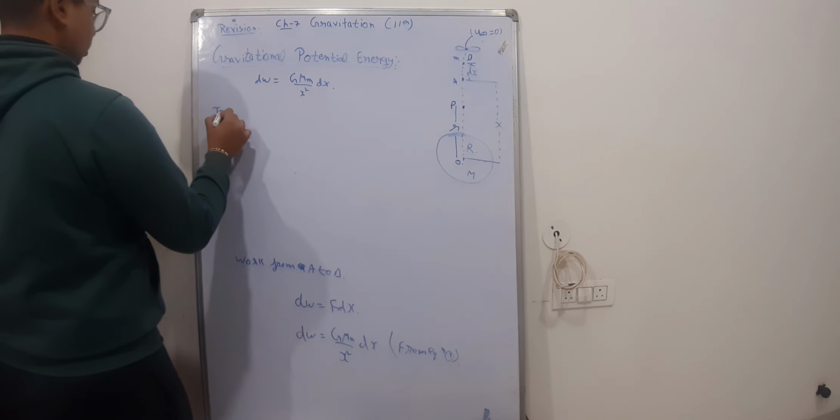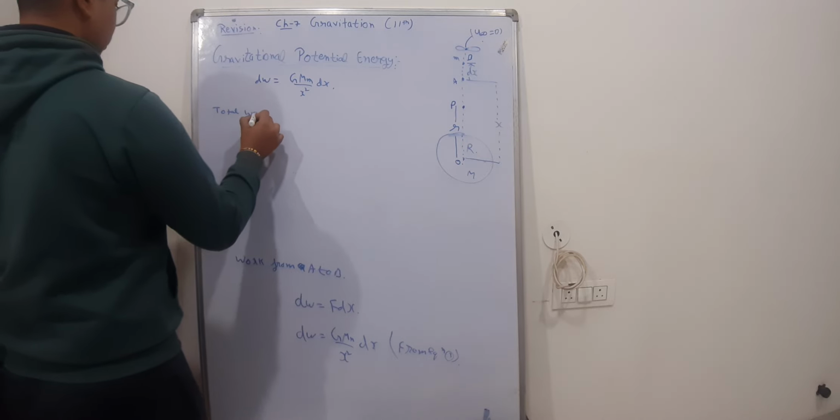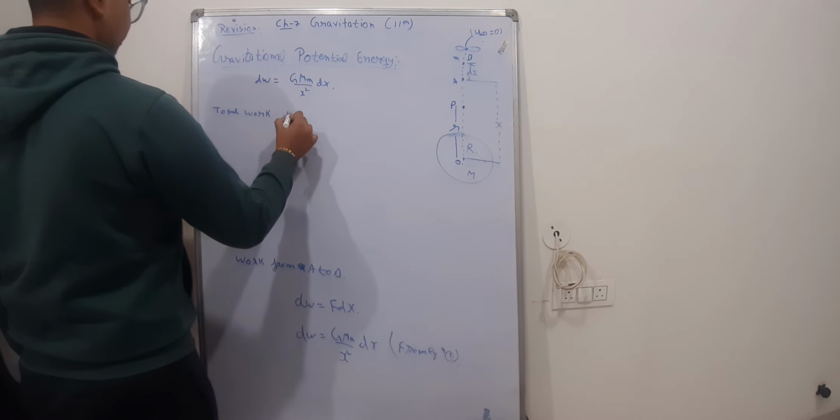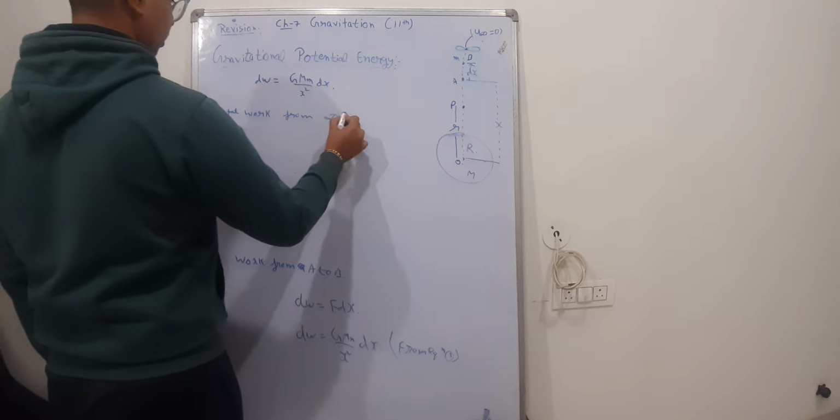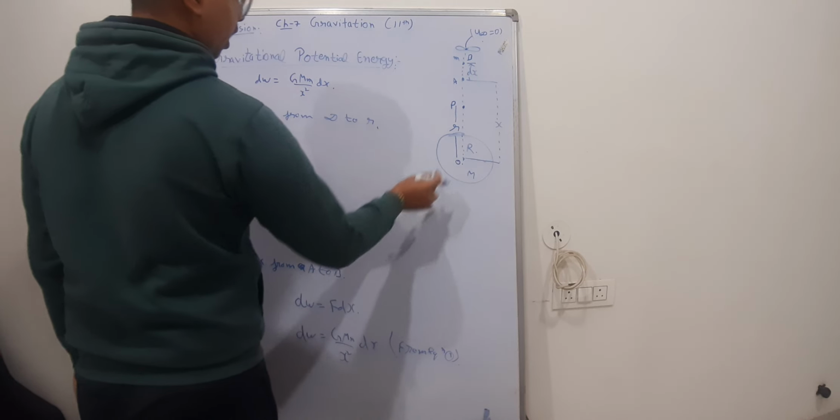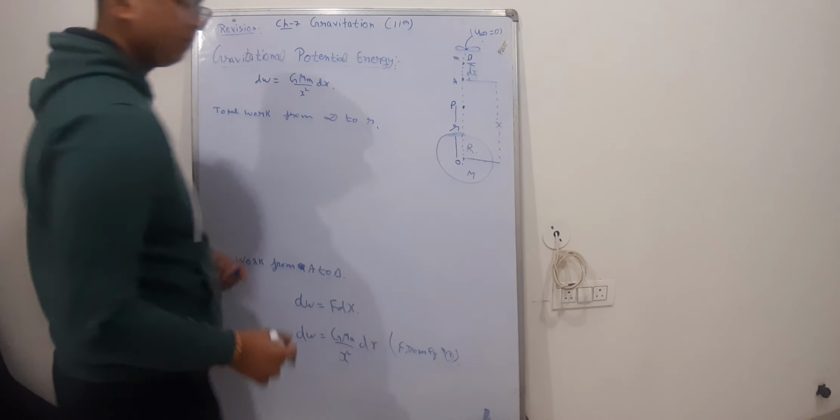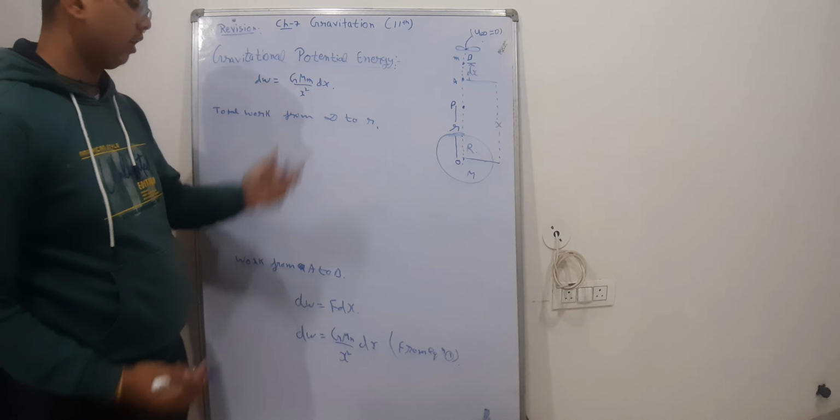The total work from infinity to r, what is the total work done?